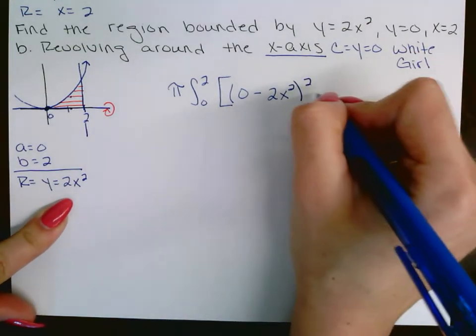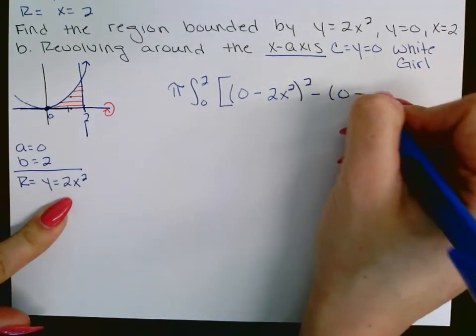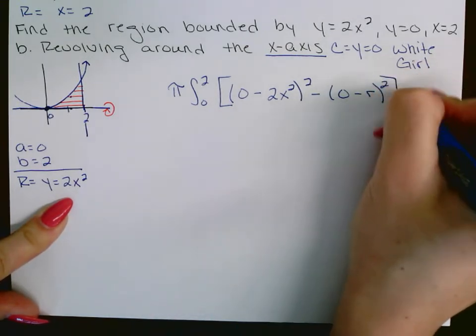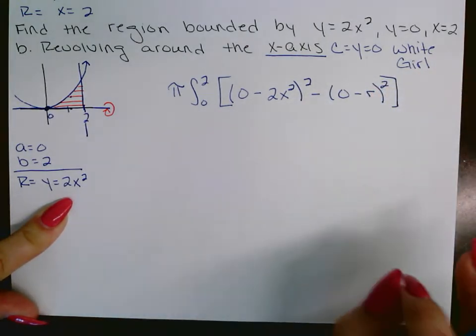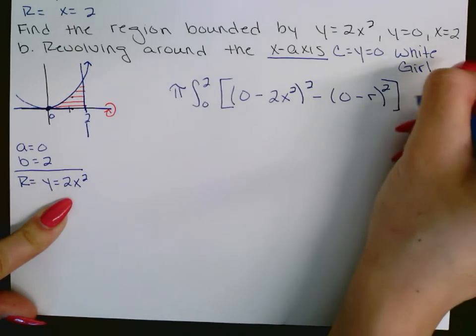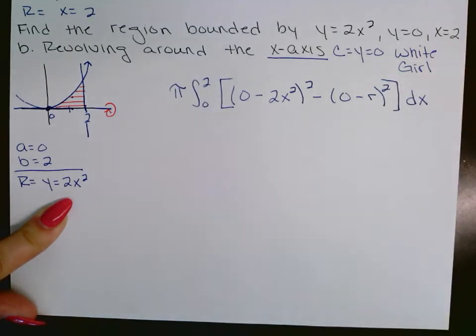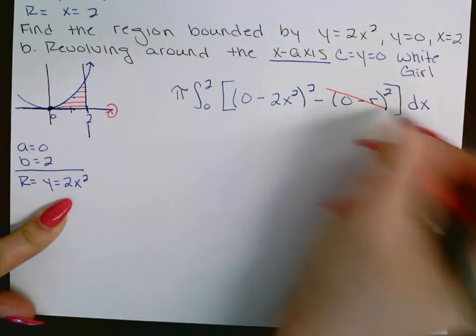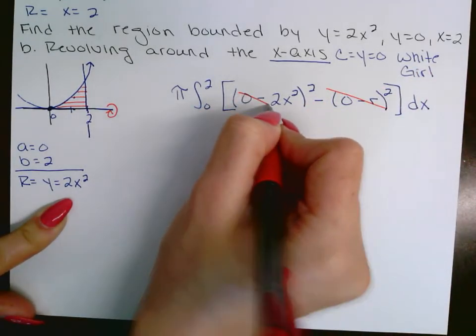Technically, I don't need to write the next 0 minus r because there is no second function. I'm going to write it here, but you do not have to write that part. And this is in terms of x, so I write dx. So this entire portion is not needed, and this portion is not needed.